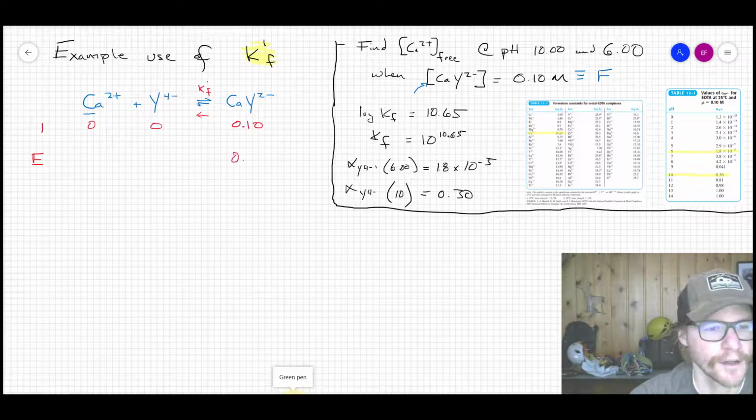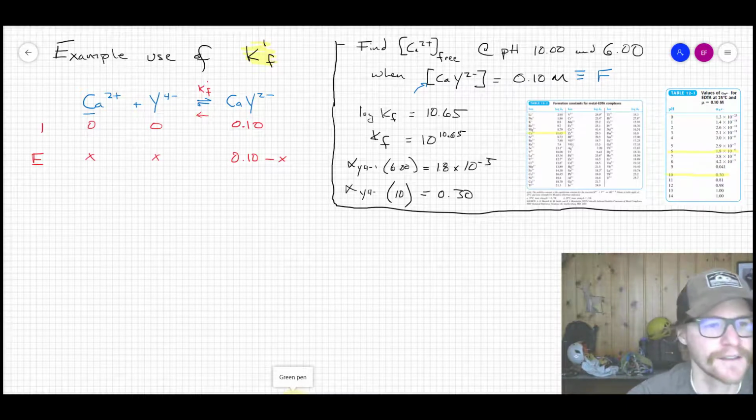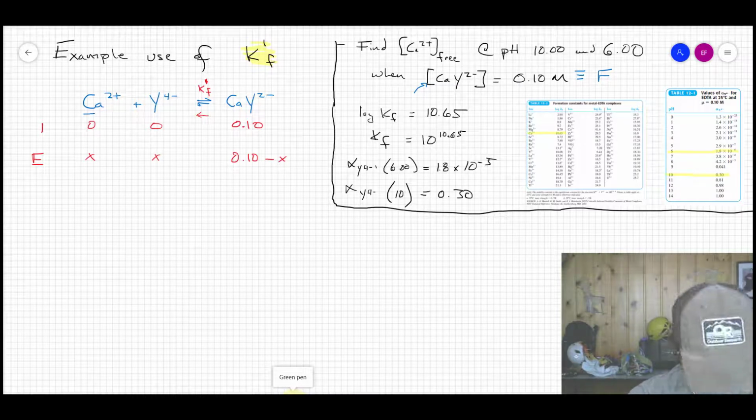So it's going to look the same as what you're used to, but just a little bit backwards. And I'm keeping it in this form rather than just reversing the reaction because this is still using our K prime f value. Okay.